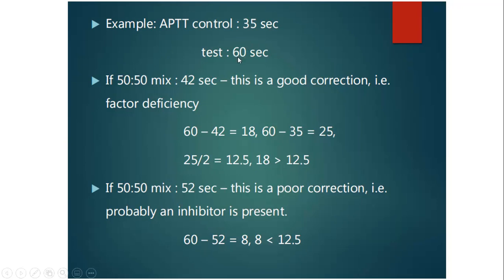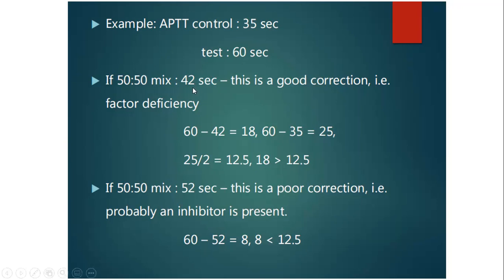Okay, from 60 seconds APTT of our test sample, it decreased to 42 seconds, which is quite close to the normal reference range of your APTT, which is 30 to 40 seconds. This is a good correction.